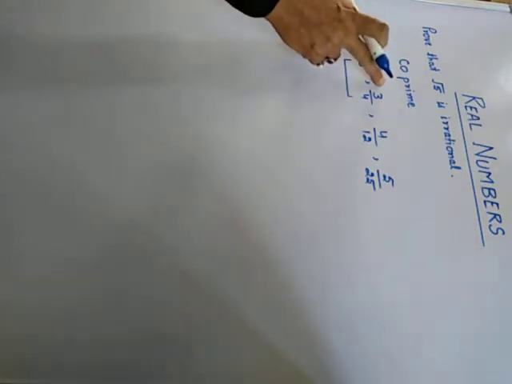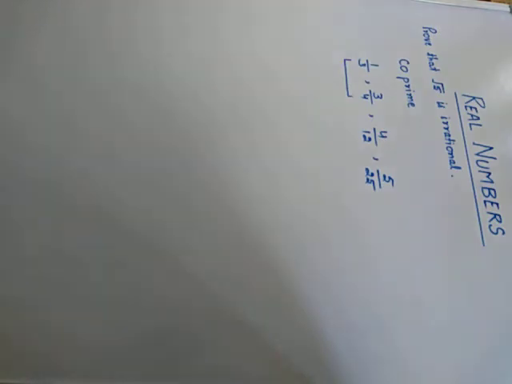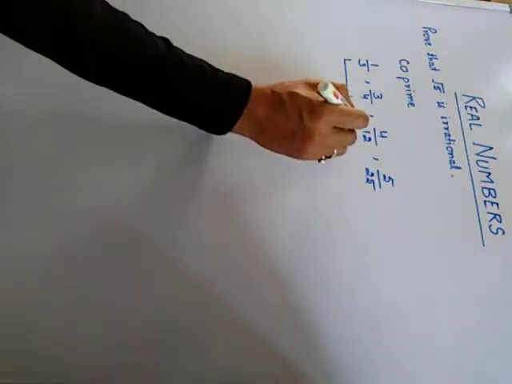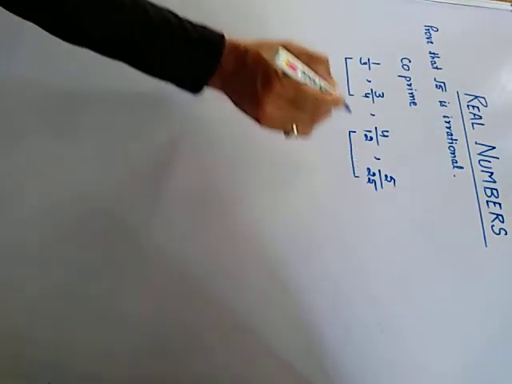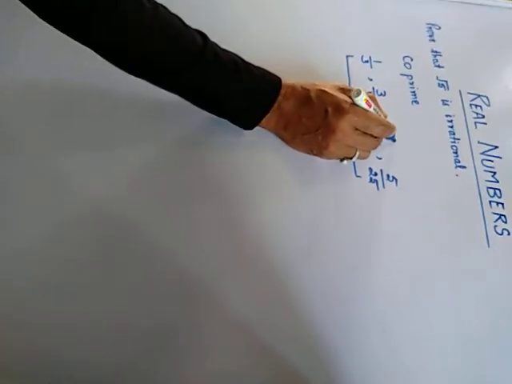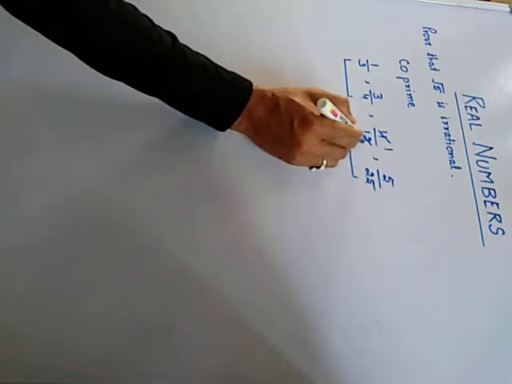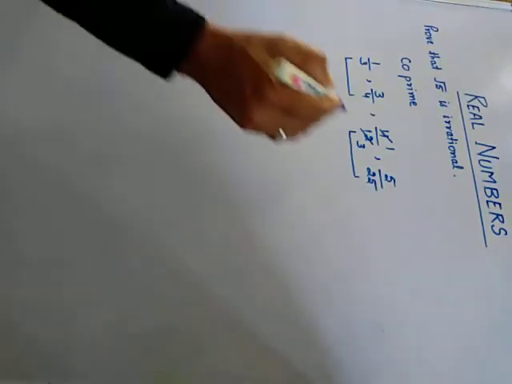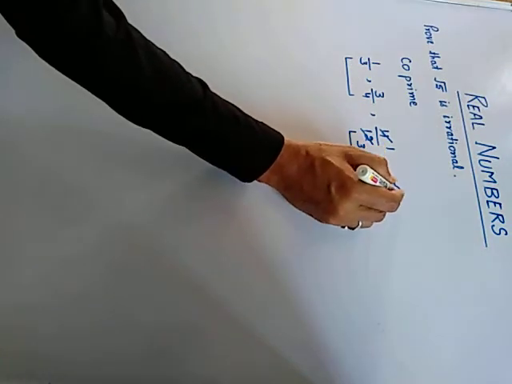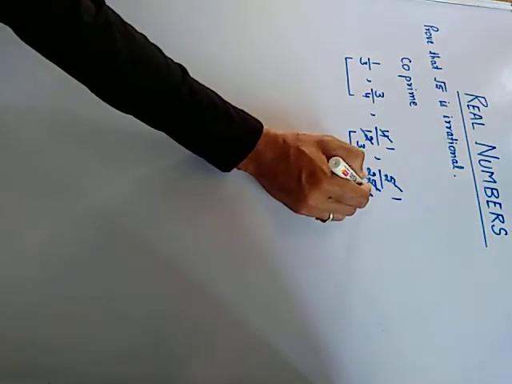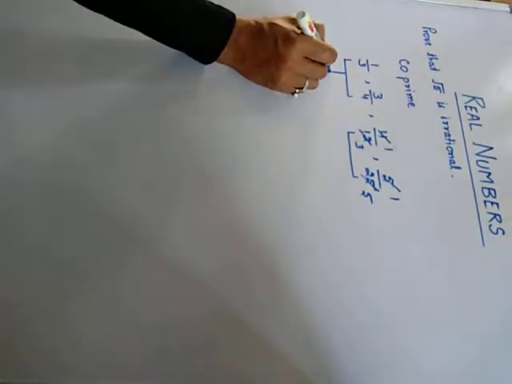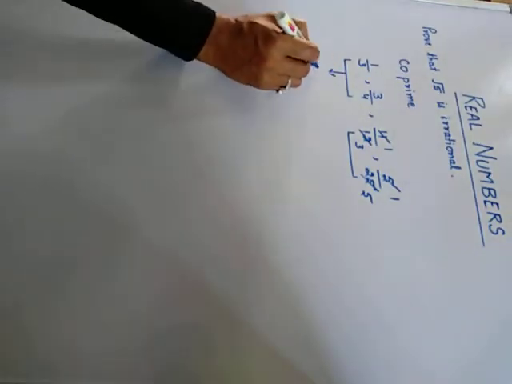You cannot reduce it into the lowest form. But in the last two, you can see 4 is a common factor between 4 and 12. We can cancel it out. Similarly, in the last one, 5 ones are 5, 5 fives are 25. So, these are co-primes.